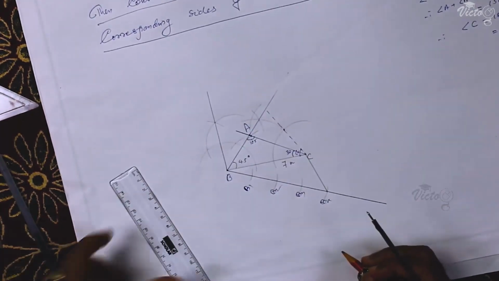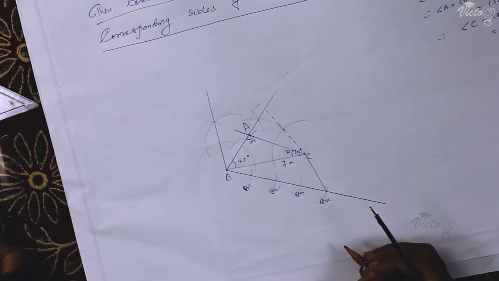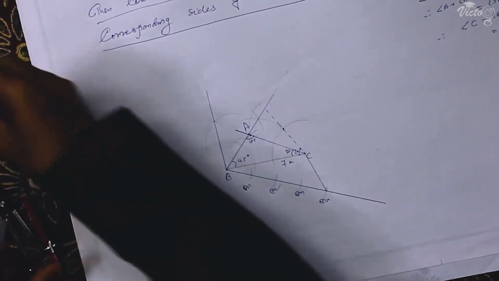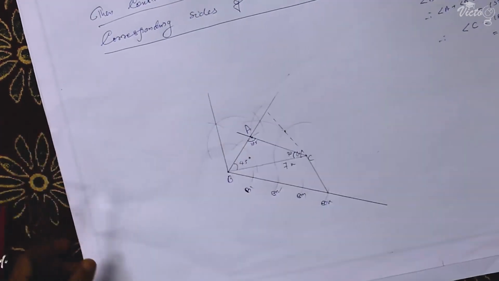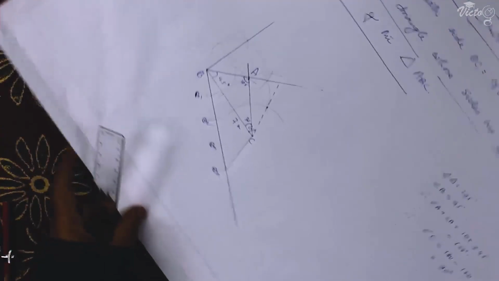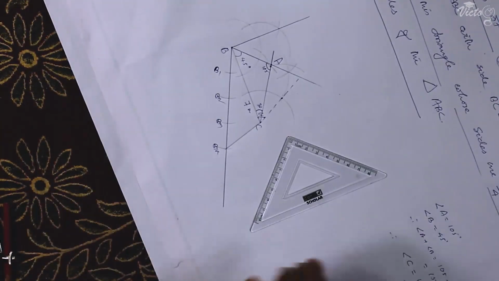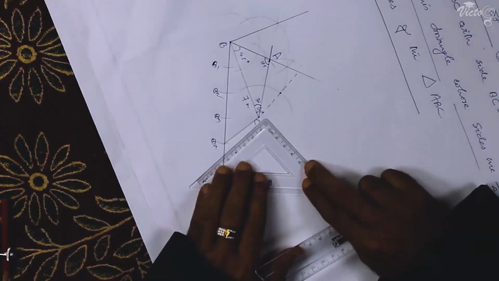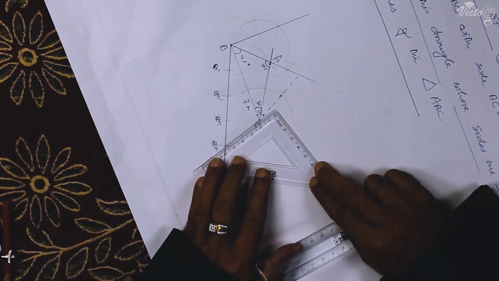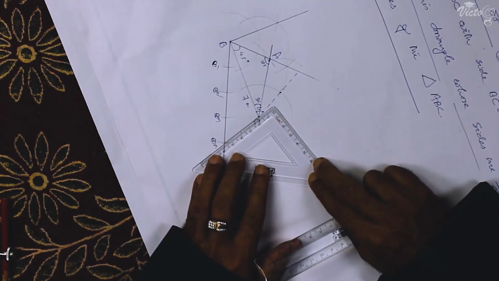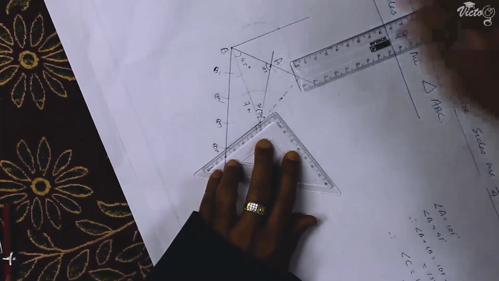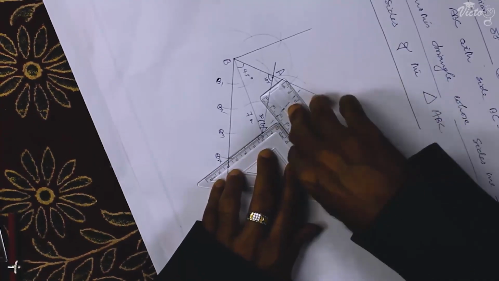Then draw another line parallel to B4C through the point B3. Fix one side of the set square along B4C and press the scale on the other side.